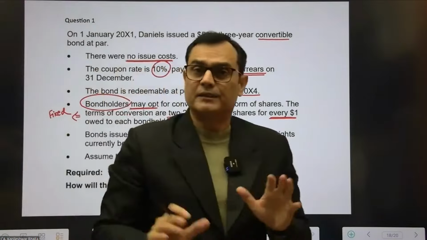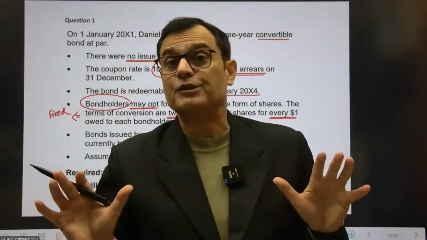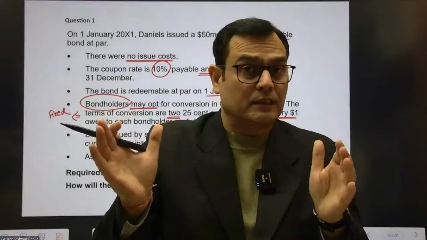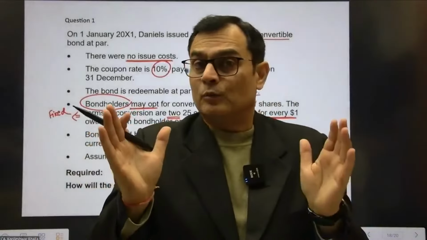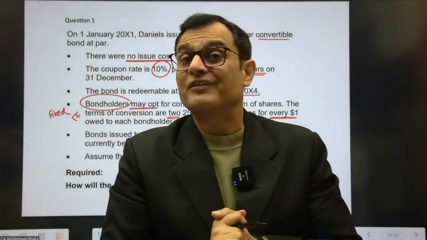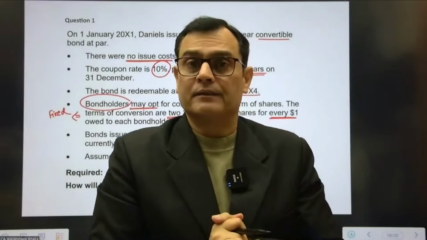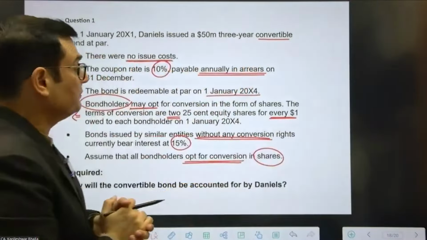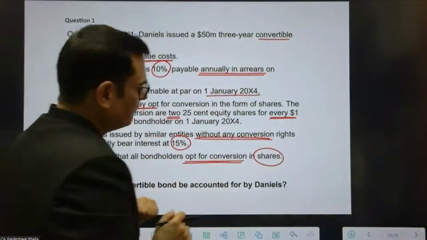Okay, so this is very clear that this is a case of an optionally convertible instrument where the option is with the holder, and we can see that it is a fixed consideration and there is a fixed number of shares which are being given against this. So the equity element, the option, is going to get an equity characteristic.